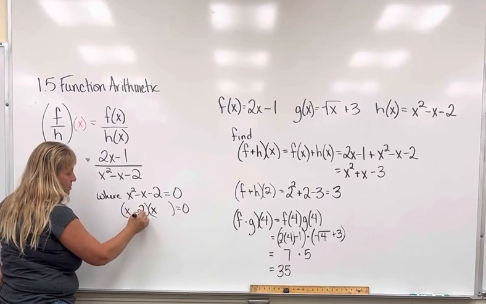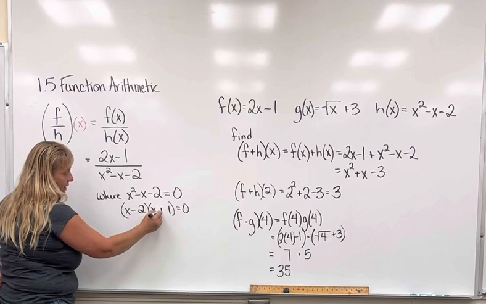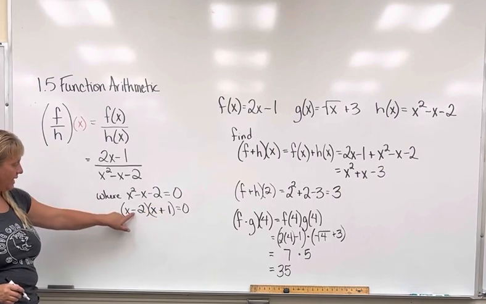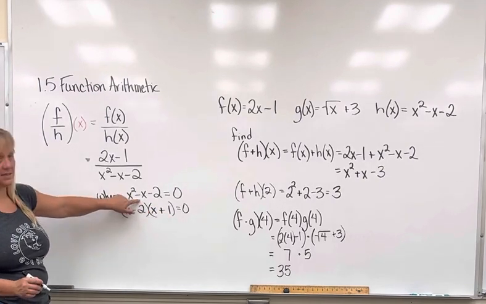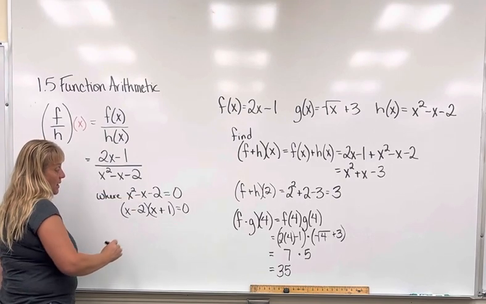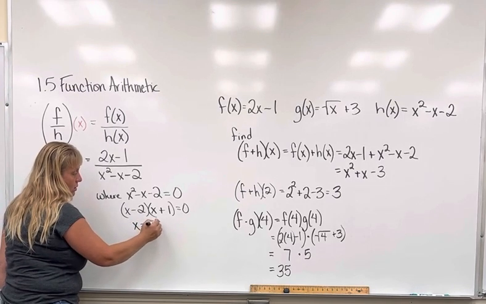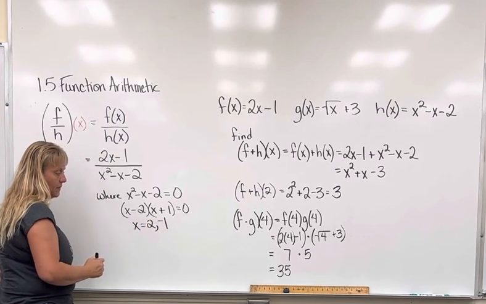So that's going to be 2 and 1. And this one will be negative, and that one will be positive, right? So negative 2 plus 1 gets us our negative x. So that means x is equal to either 2 or -1.